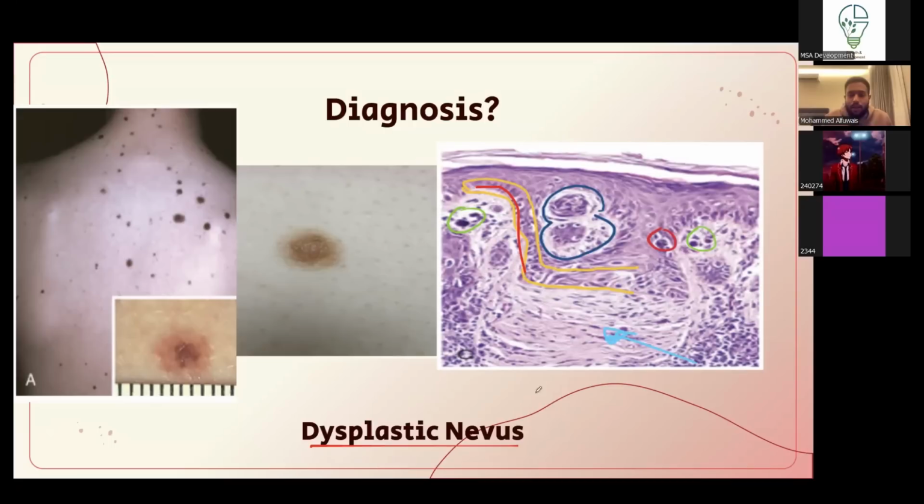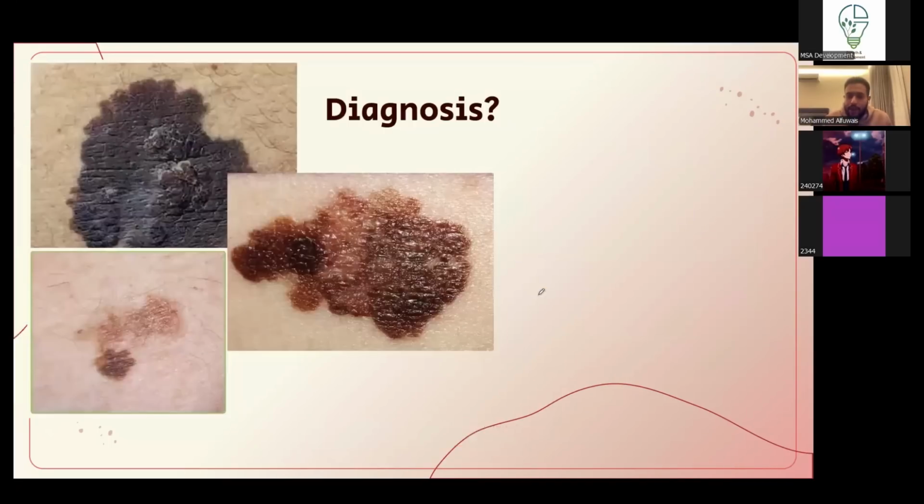Okay? It's starting to show dysplastic changes in the epidermis. Okay? Which might lead to this. What is this? Melanoma. Now, you're going to tell me exactly why this is a melanoma.